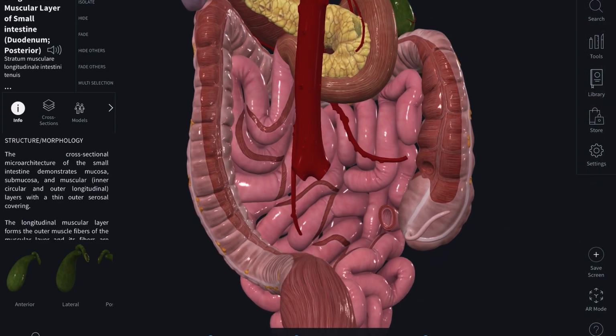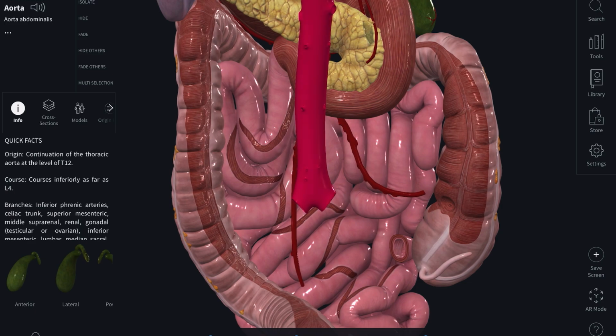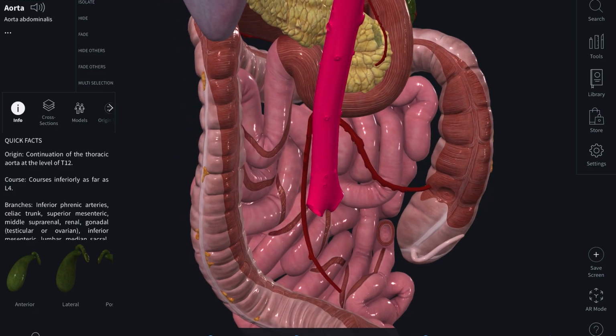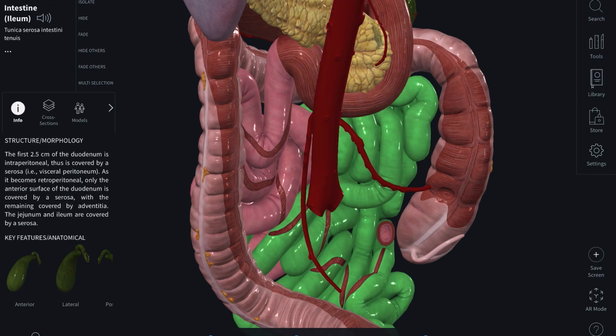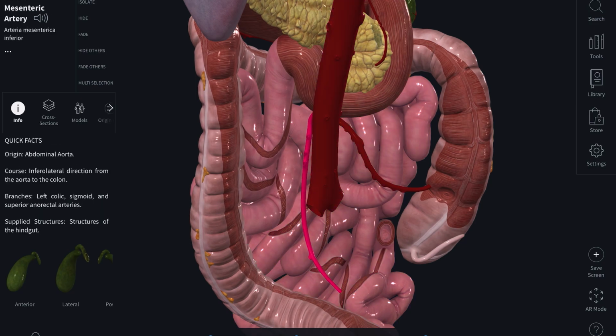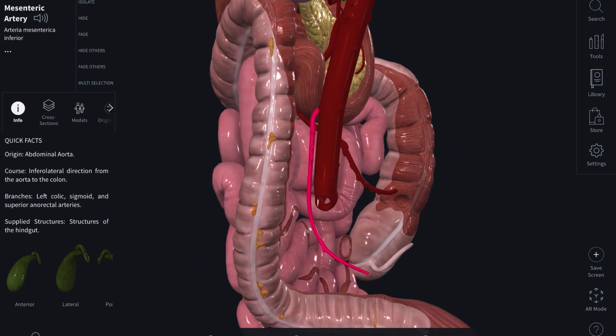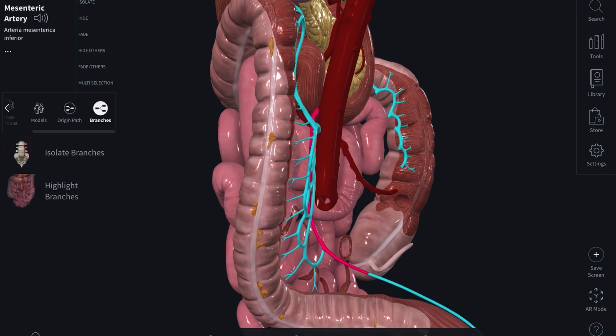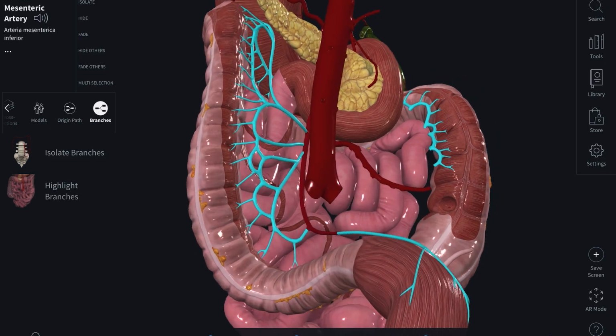Other thing I wanted to show you right here, we have that abdominal aorta, and then we're going to show you the inferior mesenteric artery. And here's all the branches of it.